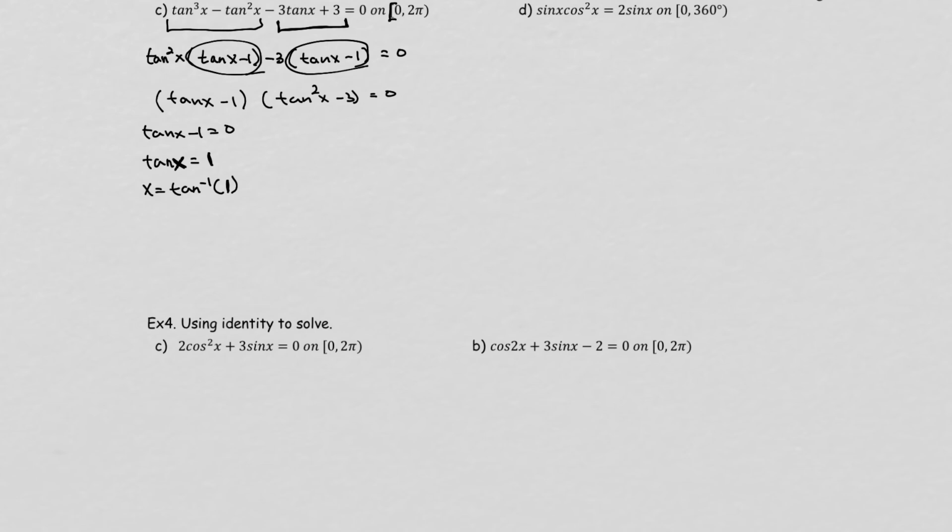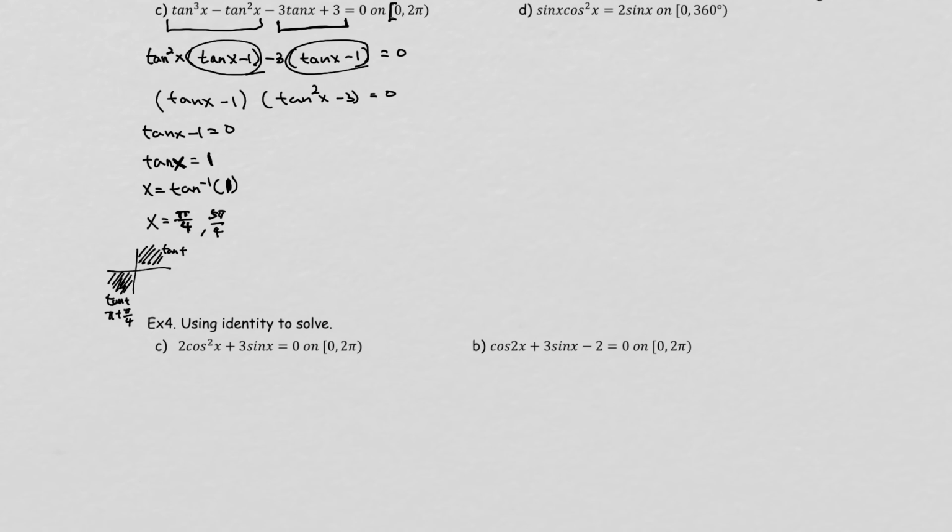So it will be pi over 4. This is positive. Let's think about in which quadrants tangent is positive. It is positive only in the first quadrant and the third quadrant. So we need to find one more value equivalent to pi over 4 in the third quadrant. That's pi plus pi over 4, which makes it 5 pi over 4.